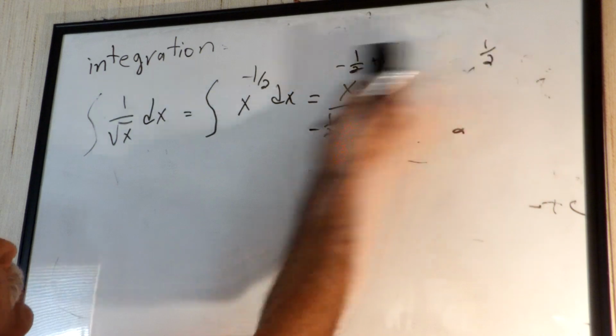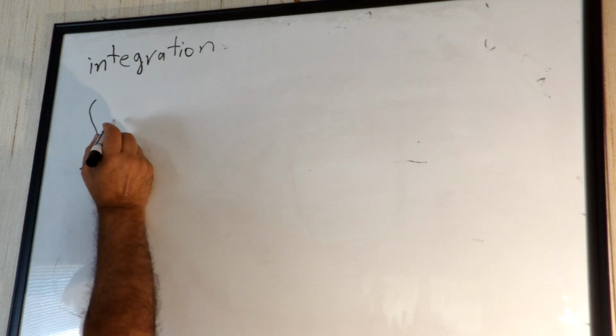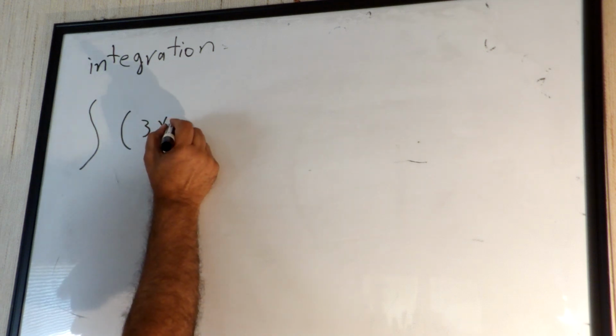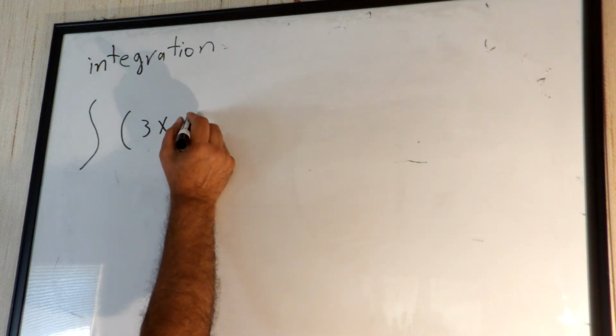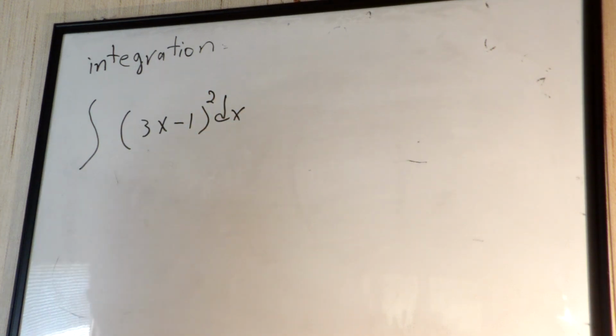So okay, we go to another example. If we have 3x minus 1, okay, what are we going to do?